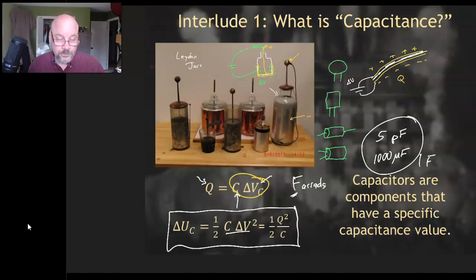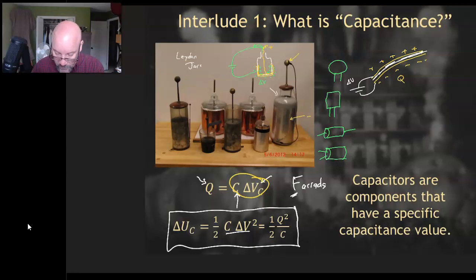The reason we use the model of a pipe that's got little stretchy ends on it is because in a circuit, if we hook up our capacitor like this, we're going to end up with extra electrons here.